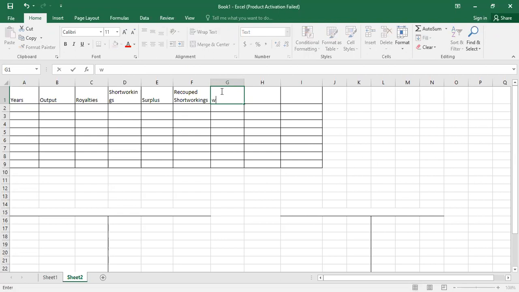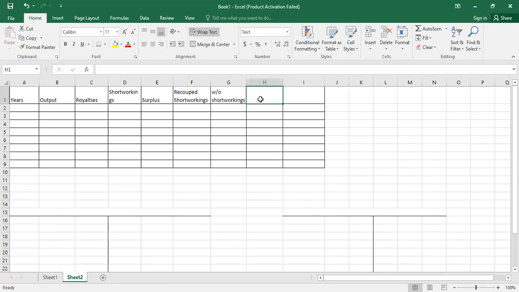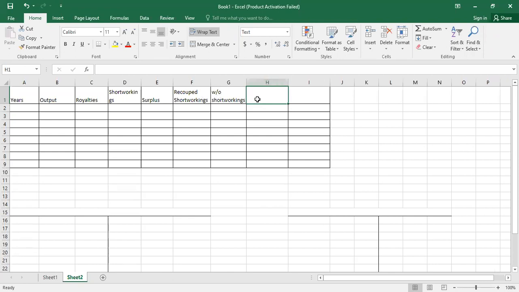So we have the written off short workings. Then the next column we can have the carried forward. We are having the short workings that will not be cleared in a particular period and they'll be carried forward.